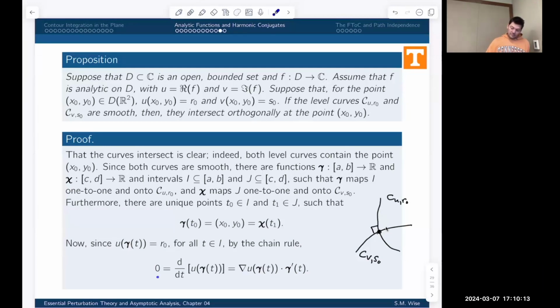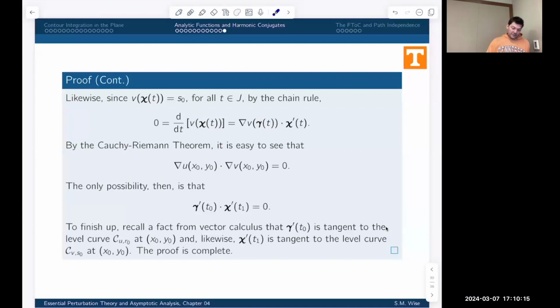Well, that's 0. I also know that if I put chi into the v function, that's a preimage of s0, so that's always equal to s0. Therefore, if I take the time derivative, I get 0 again. I carry out the derivative using the vector chain rule, take the gradient of v, and dot that with the derivative of chi.